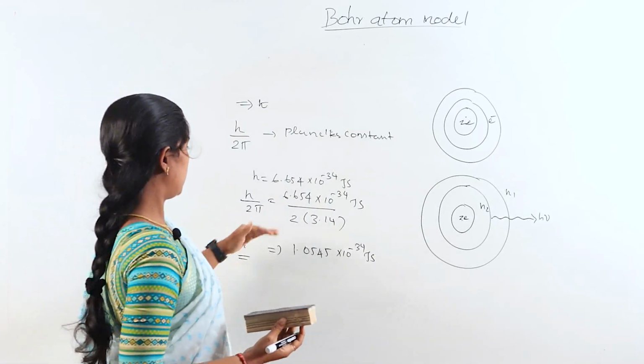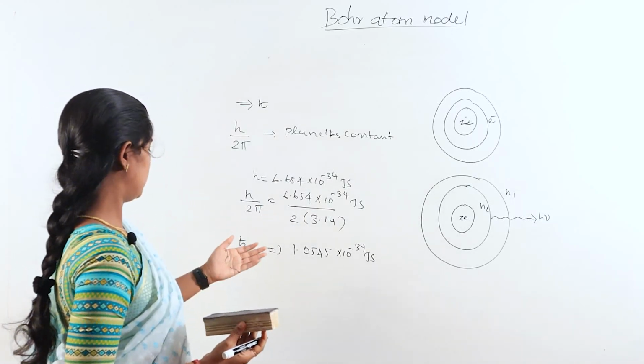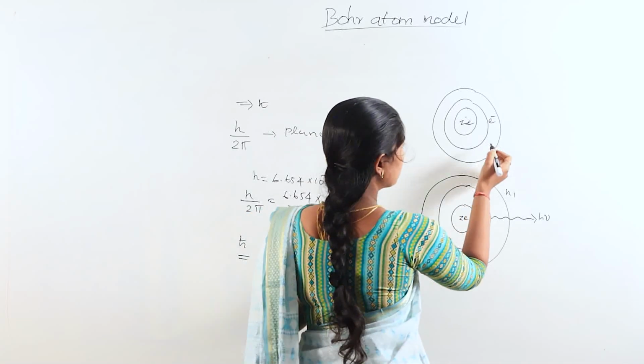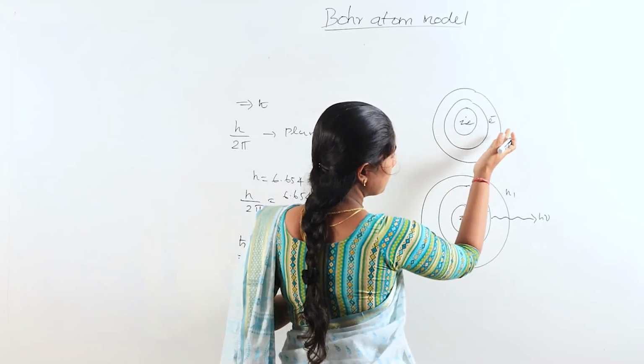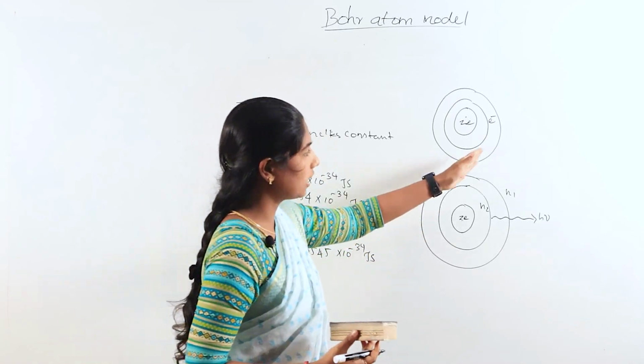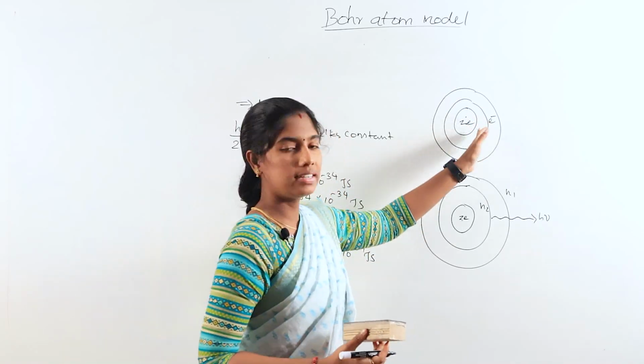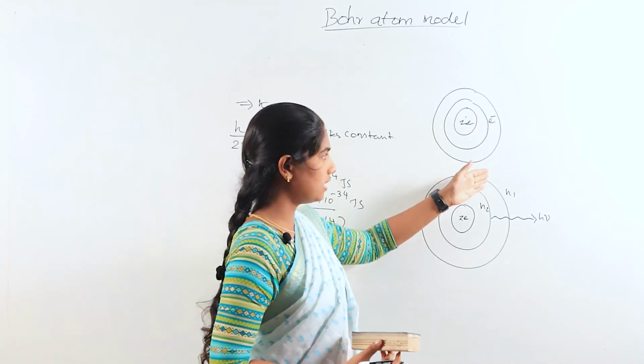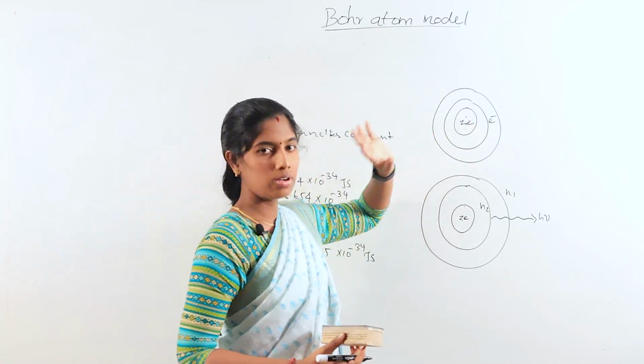Now, the electrons revolve around the nucleus, and when an electron revolves around these orbits, it doesn't radiate any energy, and it is also stationary.